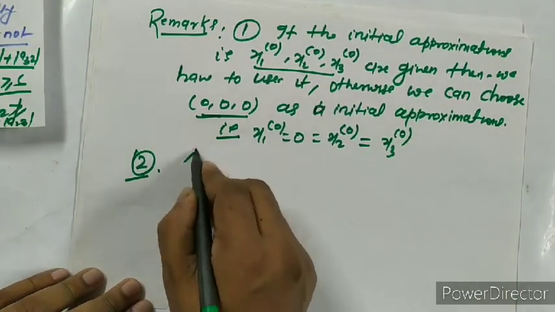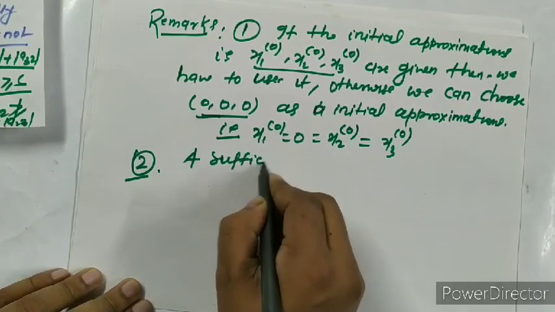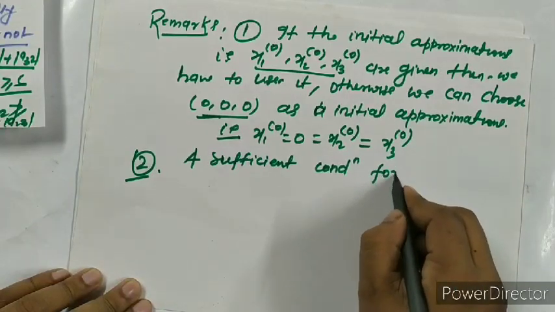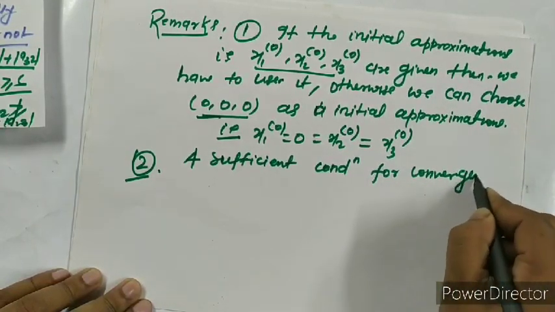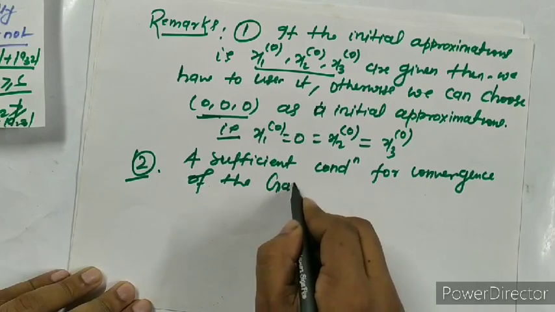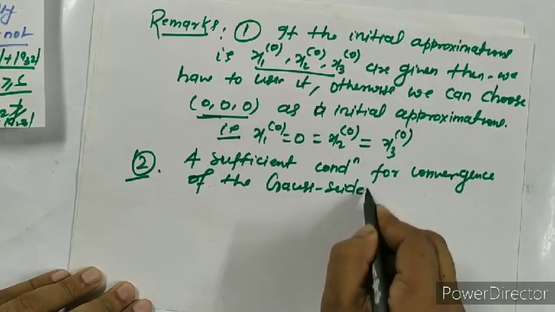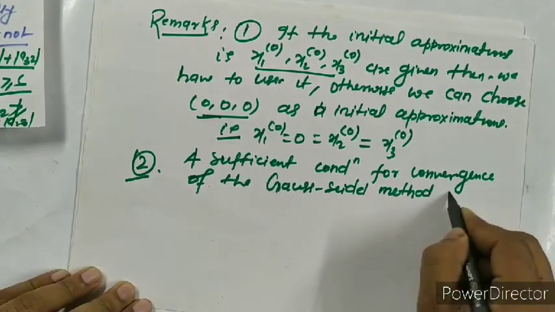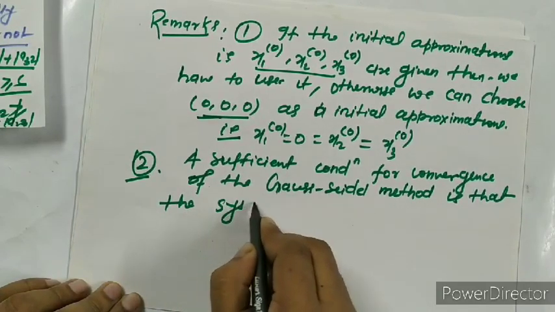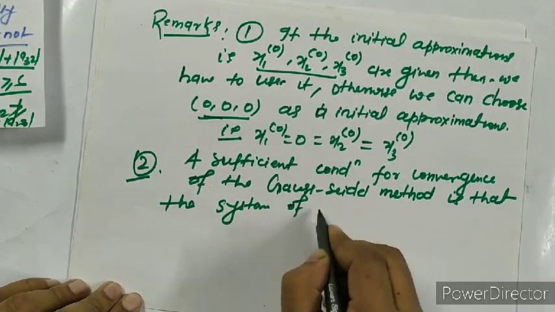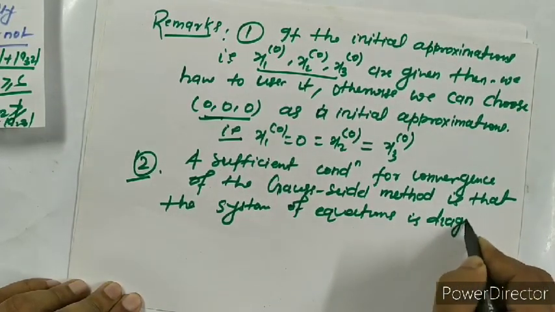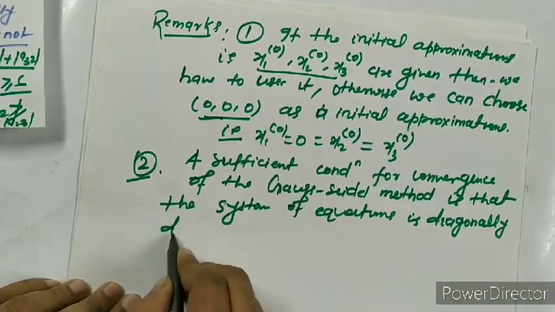Okay, that means a sufficient condition for convergence of the Gauss-Seidel method is that the system of equations is diagonally dominant.